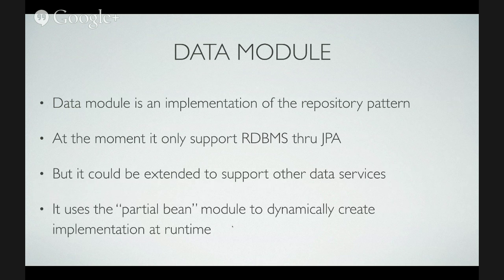On DeltaSpike, right now it only supports relational databases, through the JPA specification, but it's ready to be extended to support other data services. So if you want to add MongoDB or Cassandra or whatsoever, you can bring your contribution to the project. It uses one other module, called the partial bean module, that provides a way to dynamically create the code that you want to run at runtime.